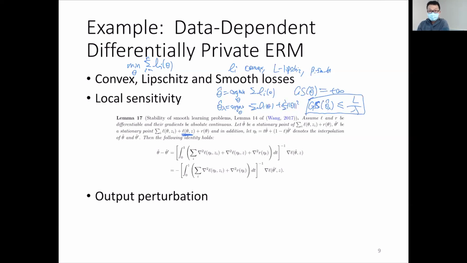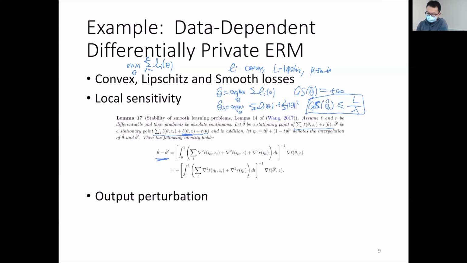This is slightly more general than we need, but everything is equal here. So we can write the exact perturbation in the vector between theta hat and theta hat prime. Theta hat is the arg min that you get from this function, and theta hat prime is the arg min of that function. So they differ by just adding one individual data point.